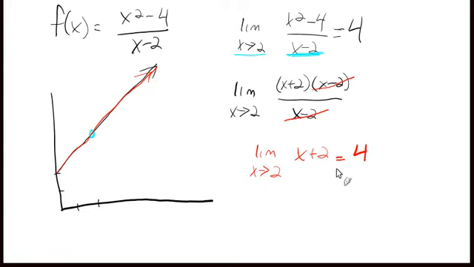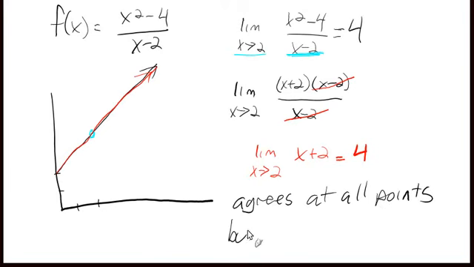So if we can invoke some kind of strategy to find another function that agrees at all points but C, and in this case it's 2, then we can just simplify this function to another function that agrees at all points but C, do direct substitution, and find the value of that function, and that'll be the limit of this guy.